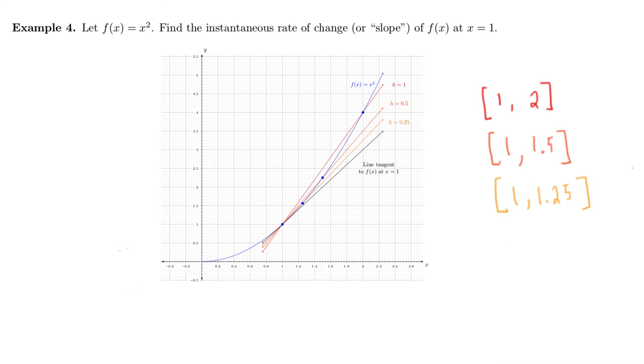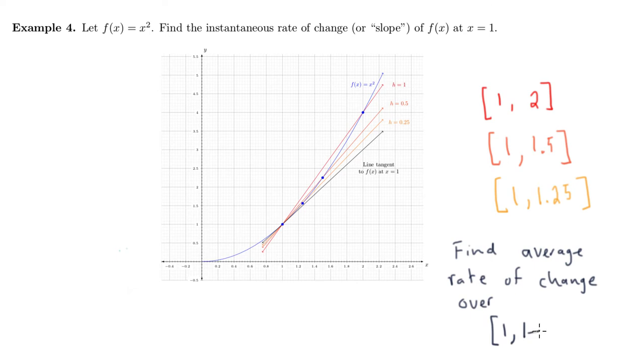In general, here's the idea. I want to find the average rate of change over the interval 1 to 1 plus some number h. Here h is 1, so 1 plus 1 is 2.